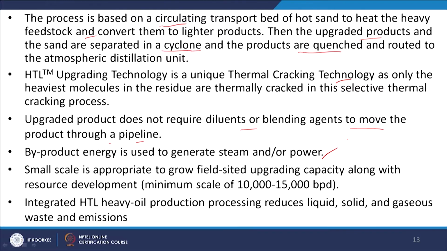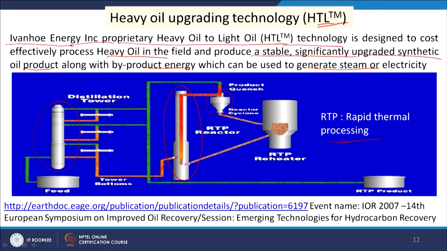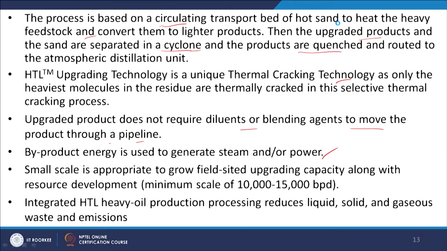This HTL technology can be used at small scale, which is appropriate to grow field sited upgrading capacity along with resource development. The minimum scale is 10,000 to 15,000 barrels per day, and integrated HTL heavy oil production processing reduces liquid, solid and gaseous waste and emissions.